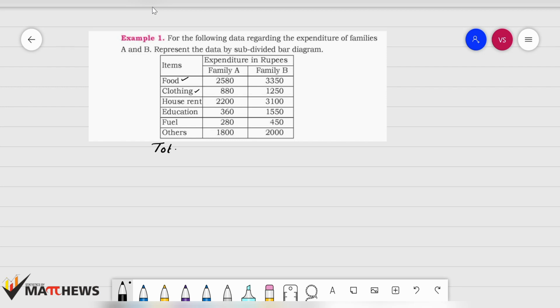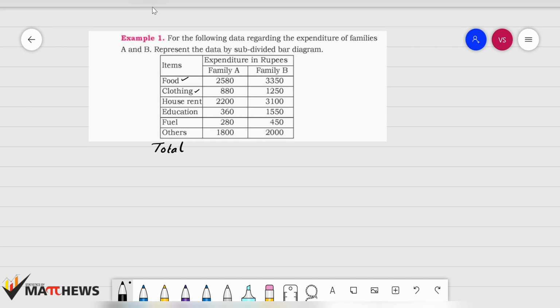Okay, for family A, for family B, let's see the total. So 2,580 plus 880, if you add on, you get something around 3,460, plus 2,200, it will be somewhere around 5,660.